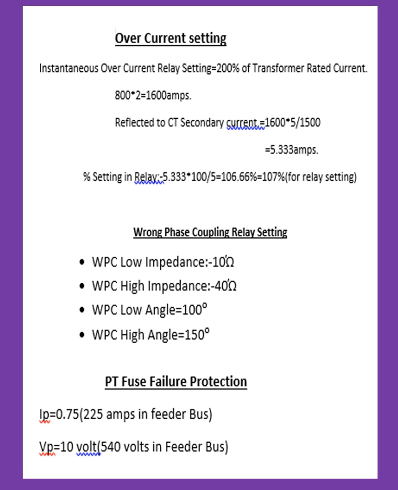Next is overcurrent setting. Instantaneous overcurrent relay setting. The feeder CB is instantaneous, meaning when there is a fault it will trip immediately. No time lag. It is not IDMT, inverse definite minimum time. To permit overload, we use IDMT in 132 kV side and 25 kV side transformer CB, but in feeder CB it is instantaneous.